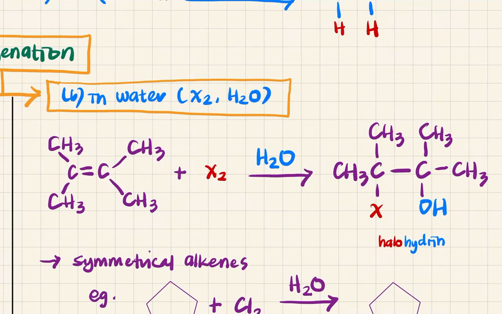Let's say you have this reaction of your alkene in water. In halogenation of alkene in water, you have your X minus and your OH minus. These two just attach to your carbons, so you will get a halohydrin, with one halogen in your molecule and one OH as your substituent.